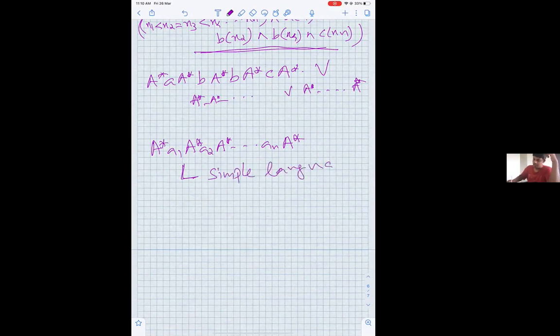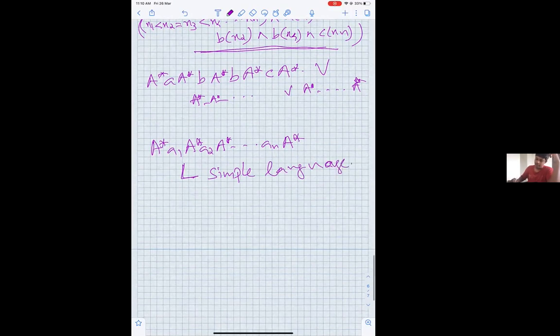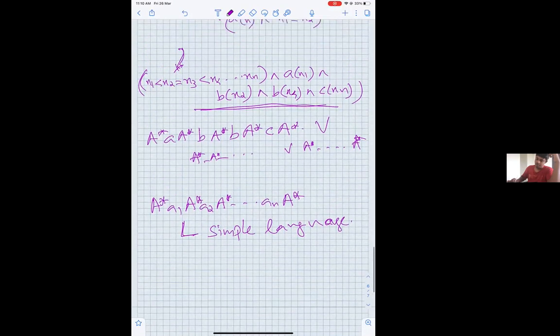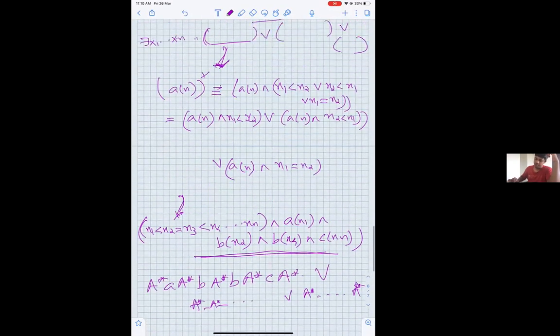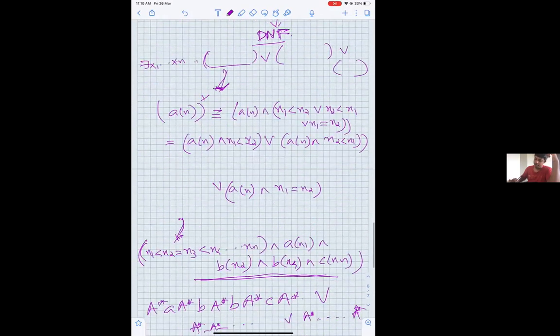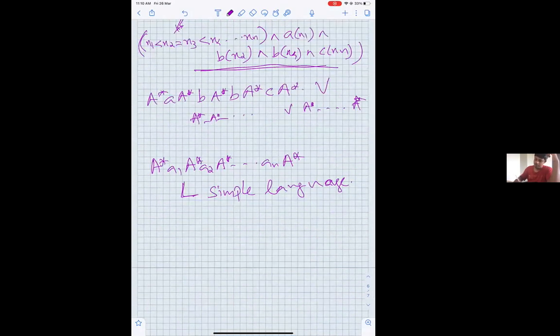Generic actually calls it a simple language. So therefore, what you will get is that, this kind of language we'll call it a simple language.